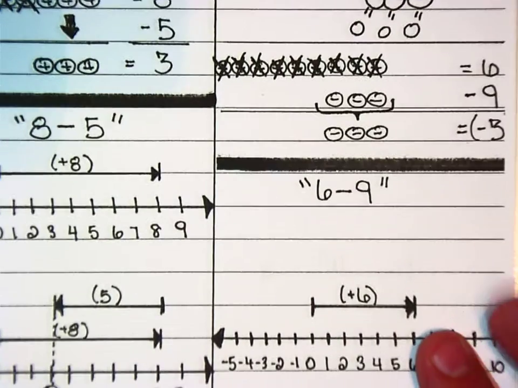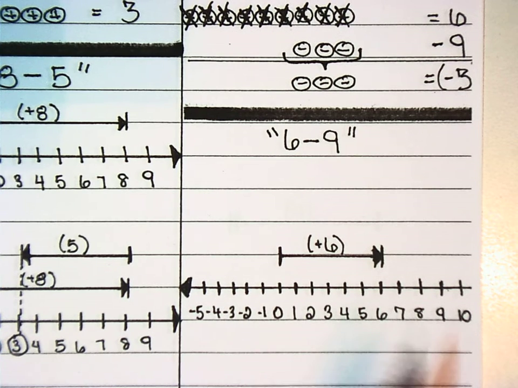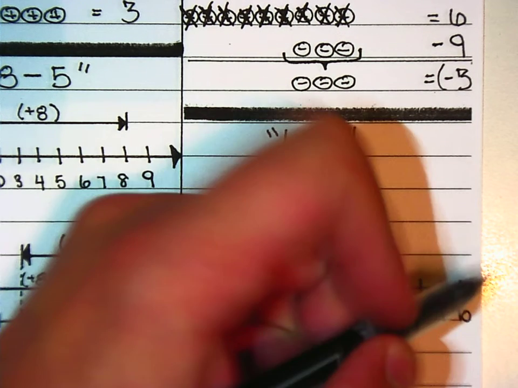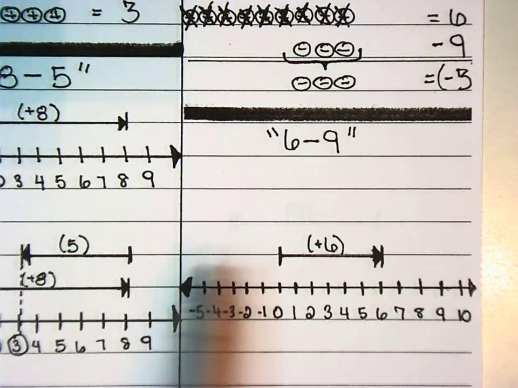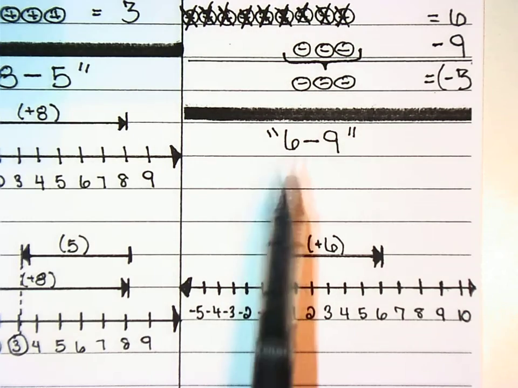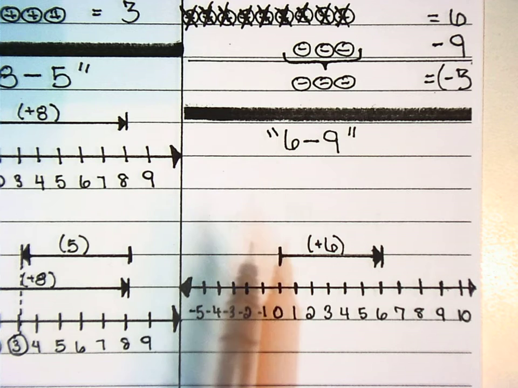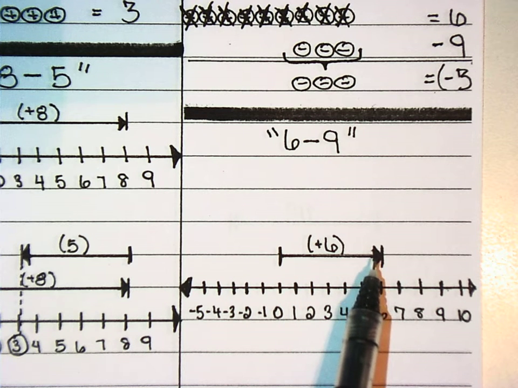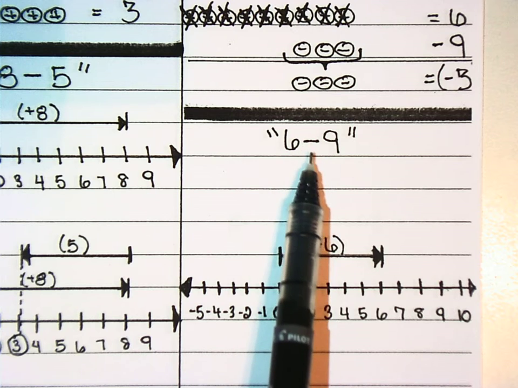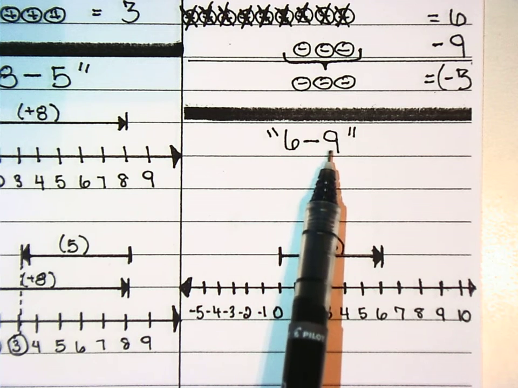I rewrite my expression. I created a number line that goes from -5 to 10. Let me go ahead and add an arrow tip here. And then I began at 0. My first number is a positive 6. So I go from 0 all the way to positive 6, 6 units to the right. Now my expression says to go back, or subtract, 9 steps.